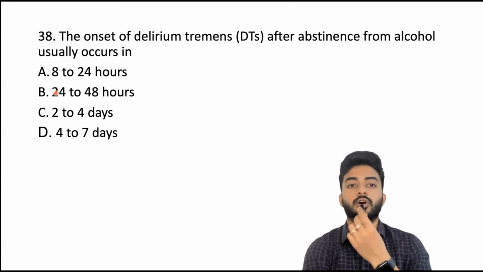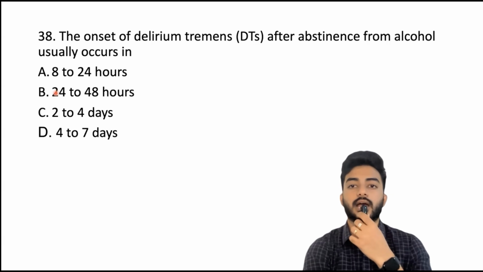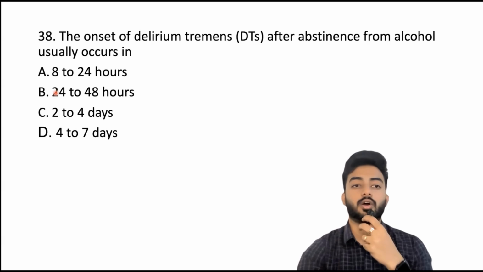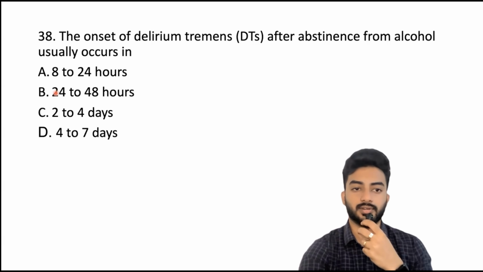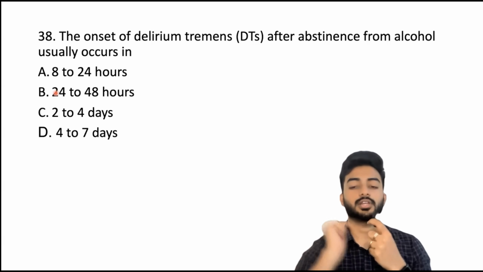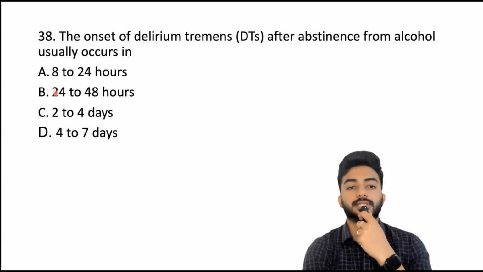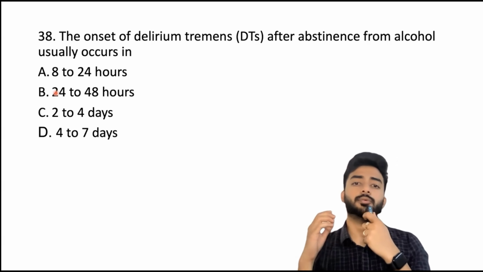38th question. The onset of delirium tremens after abstinence from alcohol usually occurs in option A, 8 to 24 hours, option B, 24 to 48 hours, option C, 2 to 4 days, option D, 4 to 7 days. So if you see, they're asking about delirium tremens.